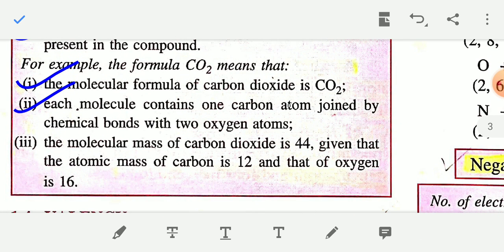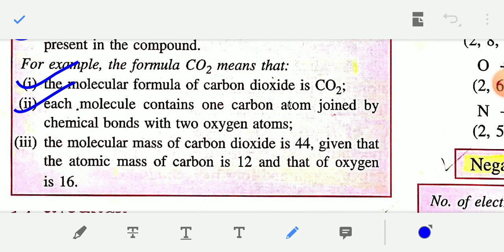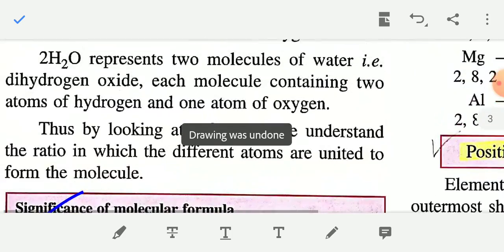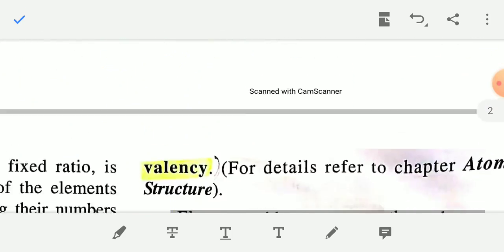The molecular mass of carbon dioxide is 44, given that the atomic mass of carbon is 12 and that of oxygen is 16. So these are some significances of a chemical formula or molecular formula.